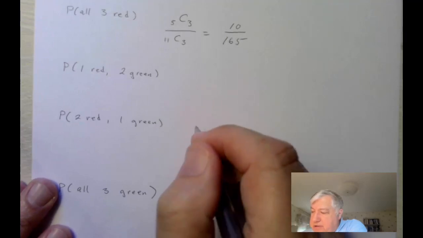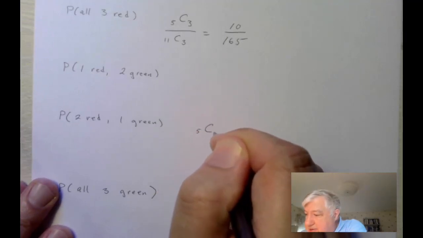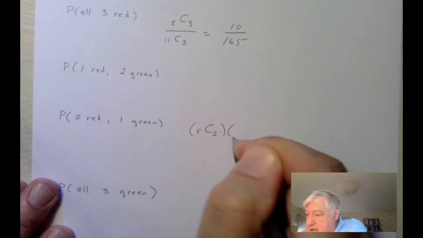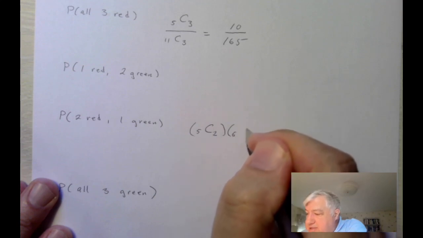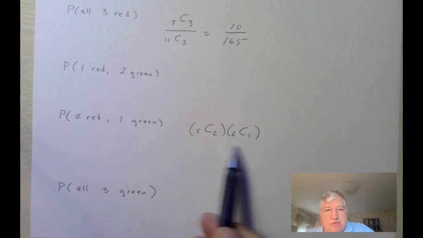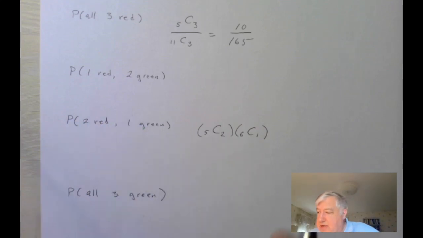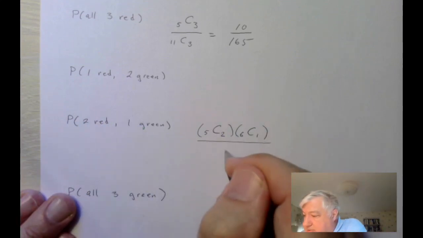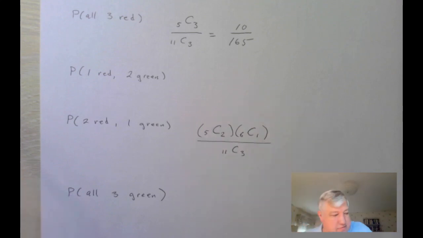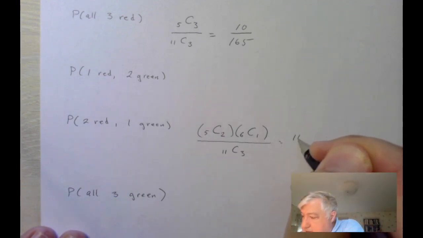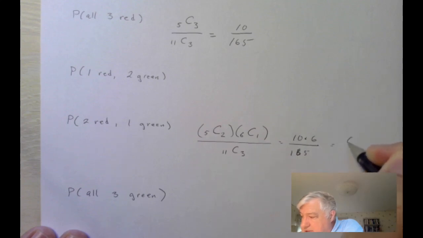So the number of ways this could happen is 5C2 multiplied by 6C1. This represents the number of outcomes in which this happens, and then we divide by the total number of outcomes, 11C3. This turns out to be 10 times 6 over 165, or 60 over 165.